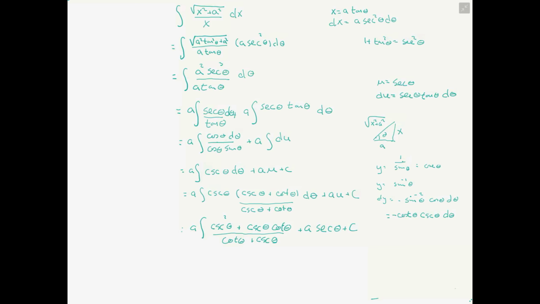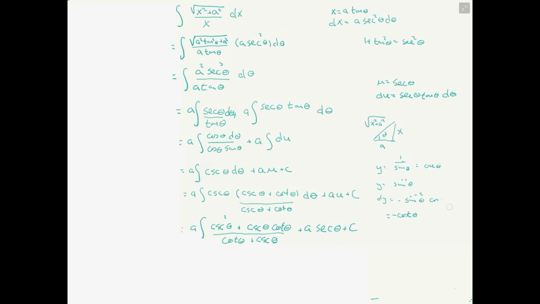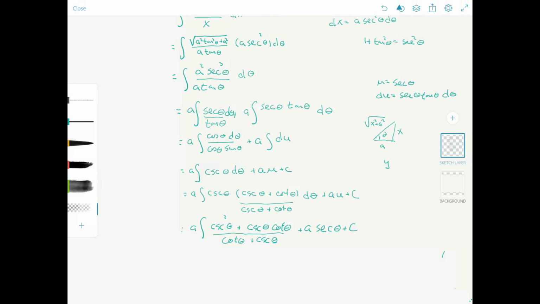Now, when we have cotangent, let's write out the derivative of the denominator.